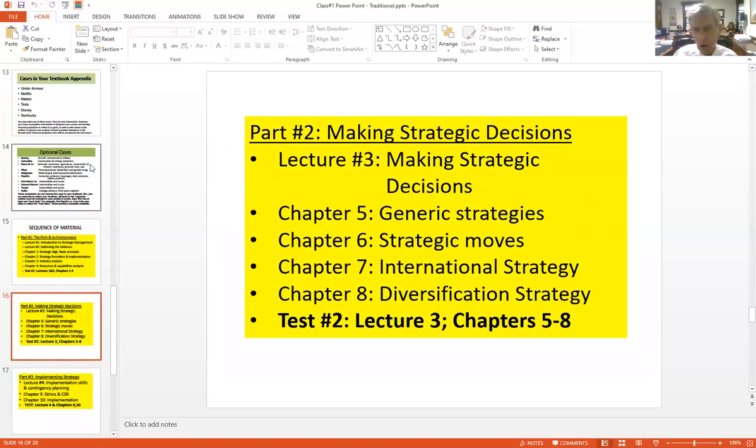Part 2 of the course is about how to make strategic decisions. That is, how to select goals, strategic objectives, and strategies themselves. Again, we have 4 chapters: general strategies, which any company can use, how companies make strategy, get strategy going, not really make it happen, international strategy, and strategy for those corporations that hold several companies, diversification.